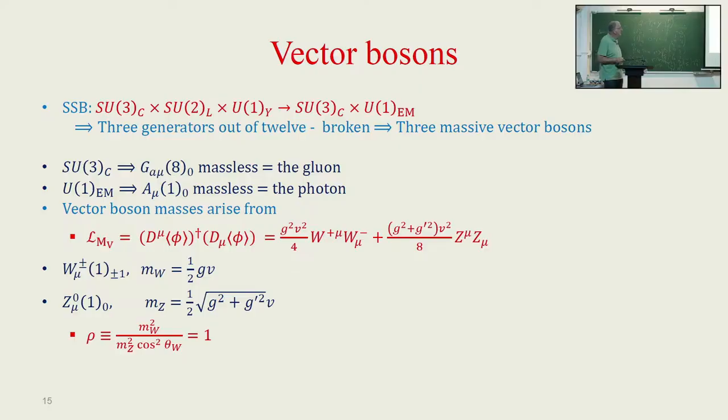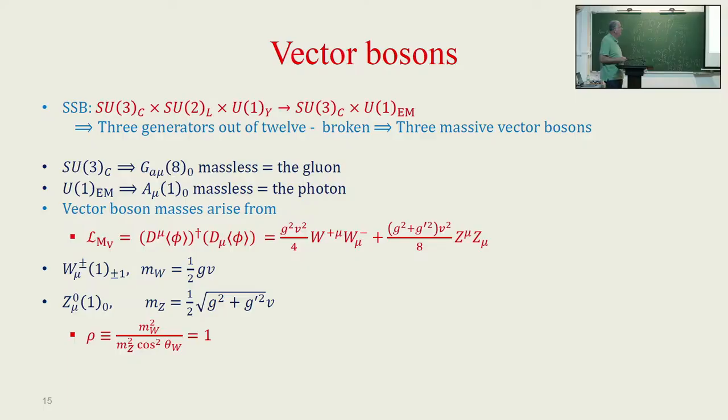This being part of a non-abelian symmetry, it necessarily has self-interactions, or if you want, it transforms under its own symmetry. That's the reason that it has self-interactions, while A, being a singlet of everything, does not have self-interactions at tree level. So we have the gluon and the photon as 2 massless gauge bosons.